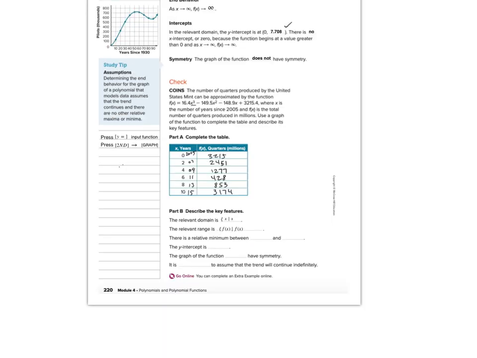So when I put that into the table and I come up with that data, what information can I get from it? Describe the domain. Well, we're starting off at 0 for our domain, so we can just say x is greater than or equal to 0. The relative range now, we are starting at our y-intercept, which is 3,215.